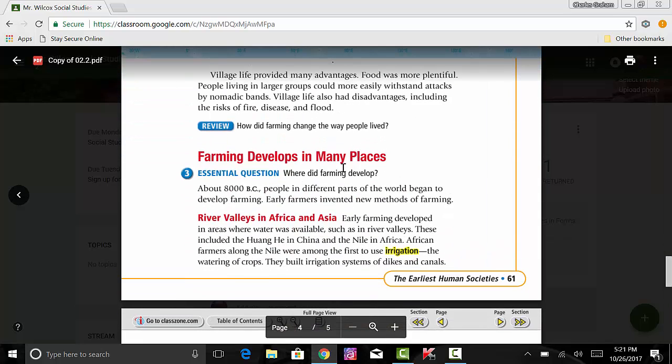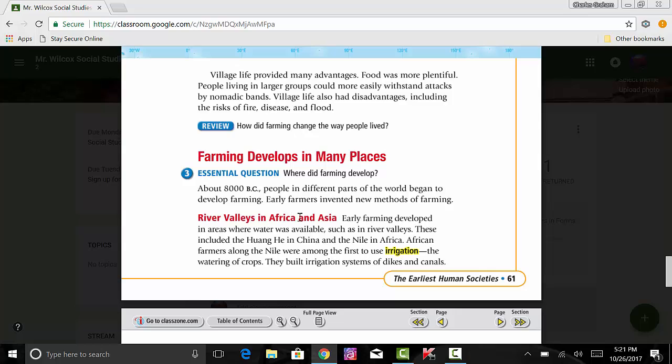Farming develops in many places. River valleys in Africa and Asia. A river valley. Well, I know that as rivers flow down the mountains, the water starts to carve canyons, and the longer a canyon exists, the more the water erodes, and eventually valleys are formed by the rivers.